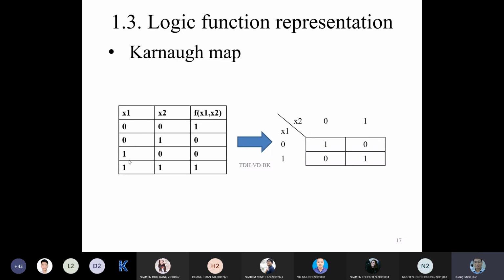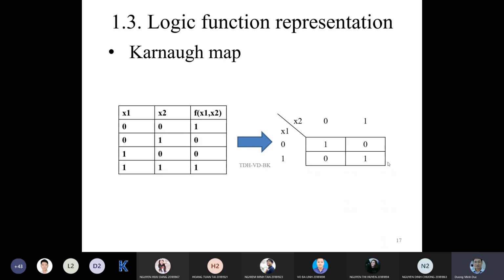Okay, for example, we have two input variables, then we divide into two groups. The first group is x1, and the other group is x2. So x1 corresponds to rows, and x1 can have two values, 0 and 1.